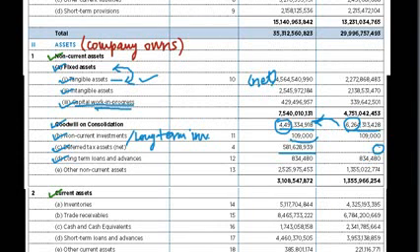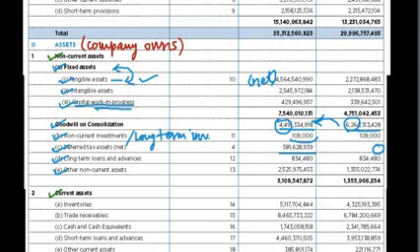So long-term loans and advances are loans and advances which the company has given to its associate companies, group companies, and which will be repaid in more than 1 year. Or sometimes it also includes part of advance taxes for which the company will get a refund in more than 1 year.